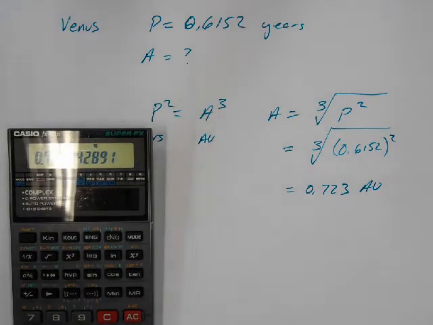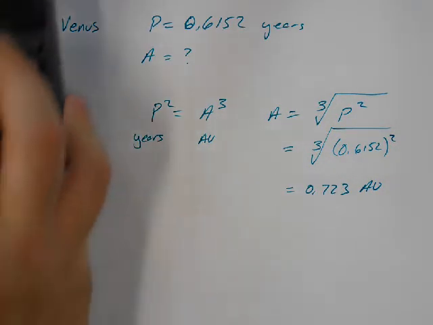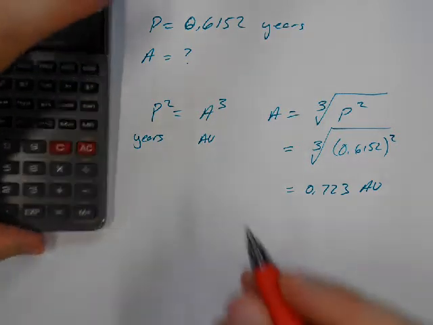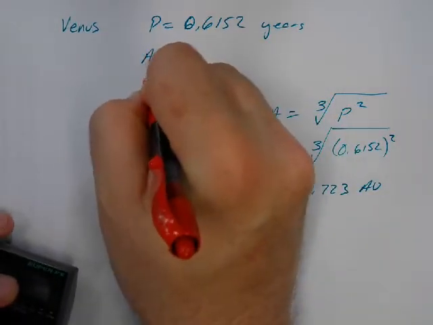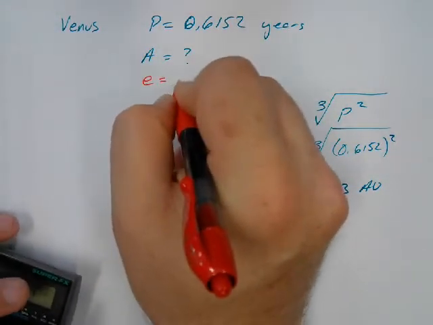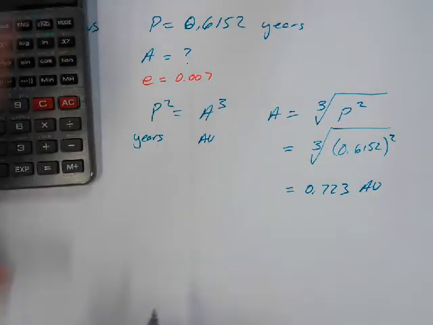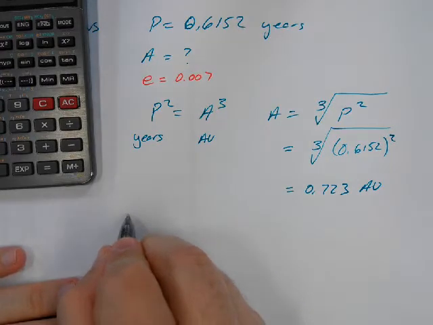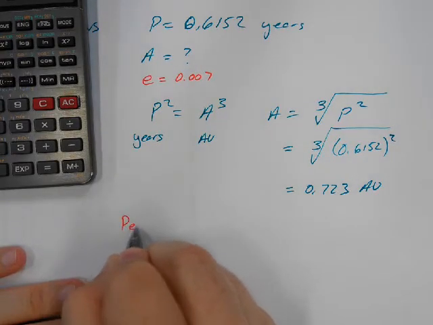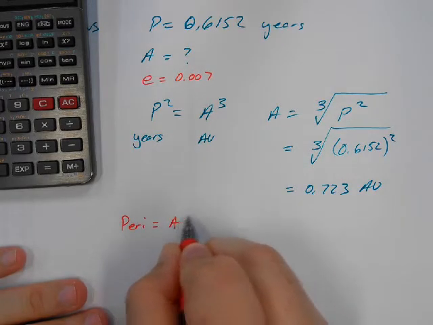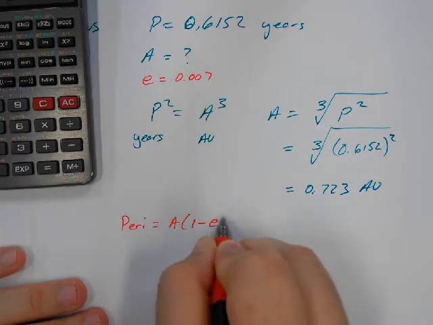That's good. Now we can go and say, what is the closest and the furthest away it gets? That means we need the eccentricity. So e here, if we look it up, is 0.007. That means the closest it gets, perihelion, is a times 1 minus e.